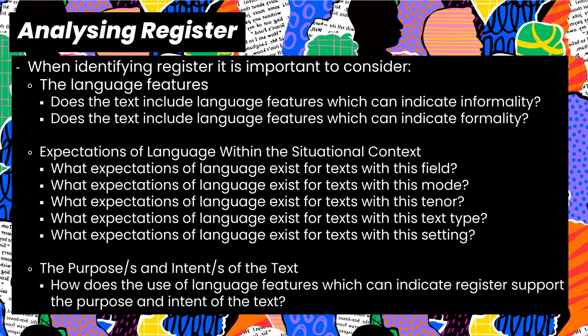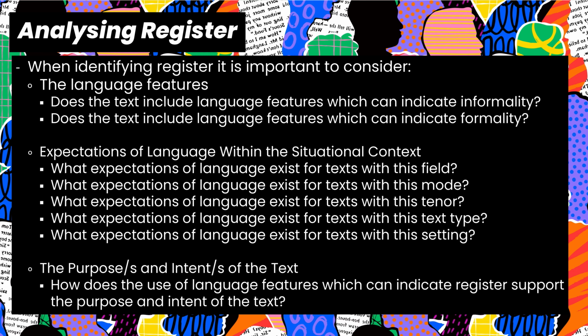Next, it's important for us to consider how the expectations of language within the situational context influence language choices within the set text. So we ask ourselves the question, what expectations of language exist for texts with this field, this mode, this tenor, this text type, and this setting? And then how are these expectations maintained or challenged within the set text?